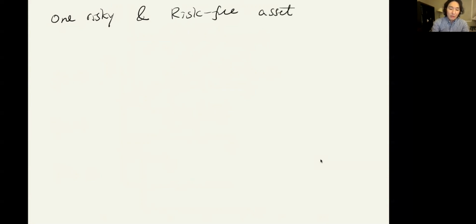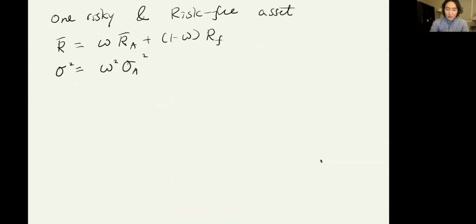And the next important case is when there's one risky and one risk-free asset. So in this case, the portfolio expected return is W times A plus 1 minus W times the risk-free asset, and the portfolio variance is W squared times sigma A squared.